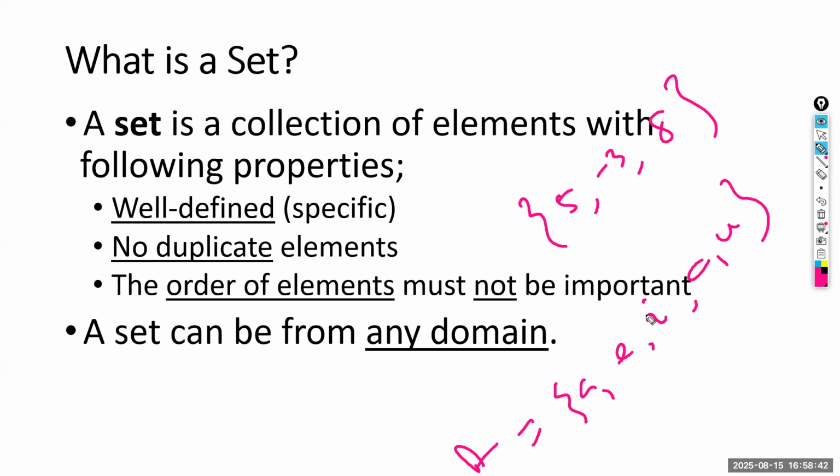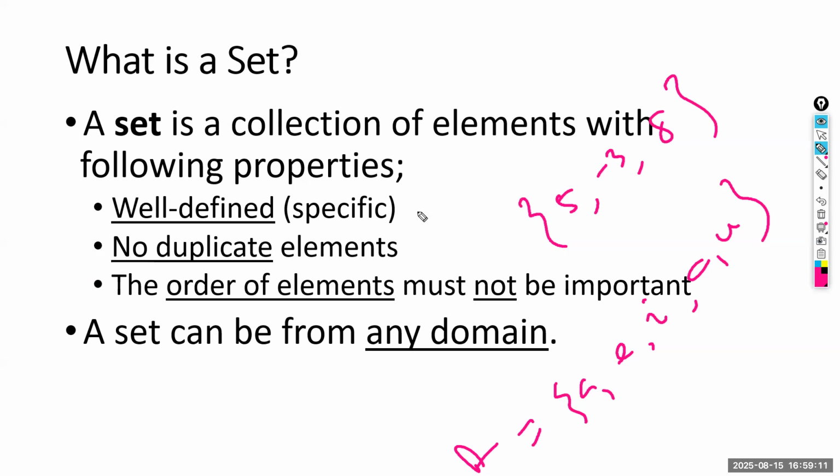You must have a very specific definition of your set. You can't say it's something that came to my mind. No, then it's not a set. If I say Colombo, Kalutara, Gampaha, maybe it's a set, if you have a definite answer. I will say yes, those are the districts in Western province.